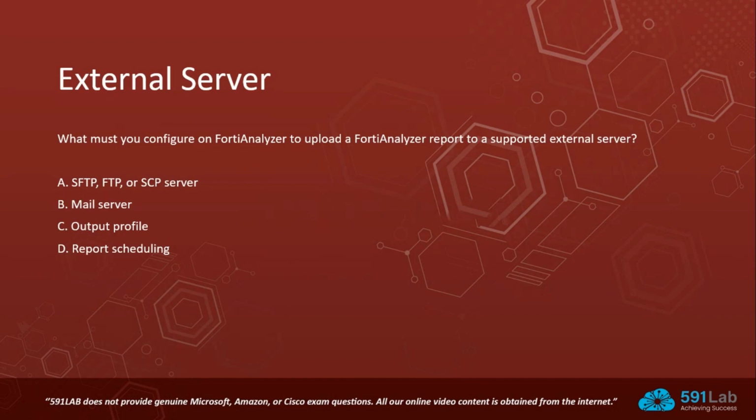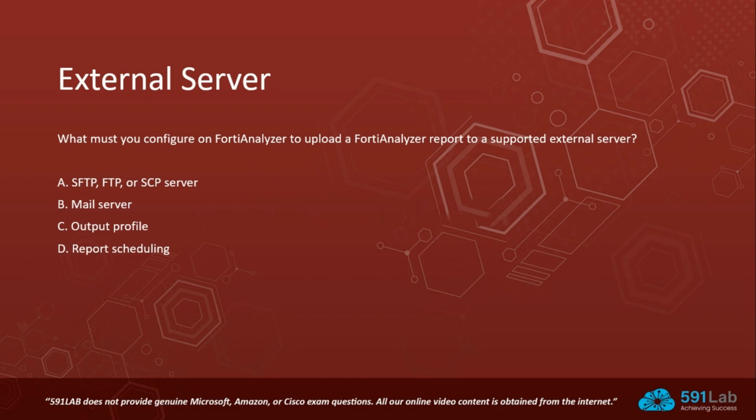What must you configure on FortiAnalyzer to upload a FortiAnalyzer report to a supported external server? Okay, let's log into the FortiAnalyzer and see how to upload FortiAnalyzer report to external server and what are the services available to configure.